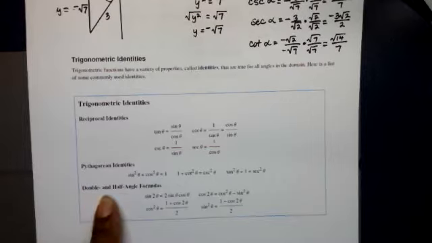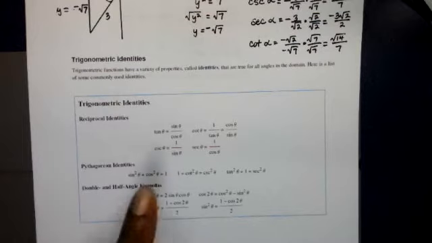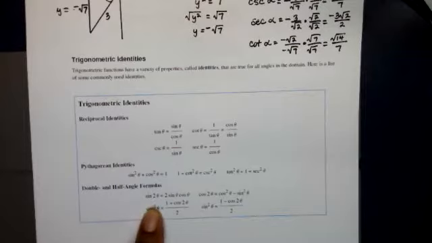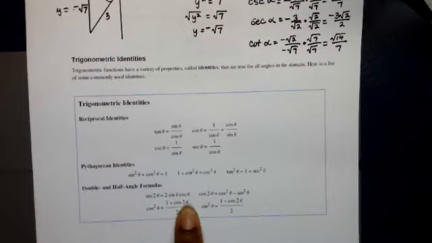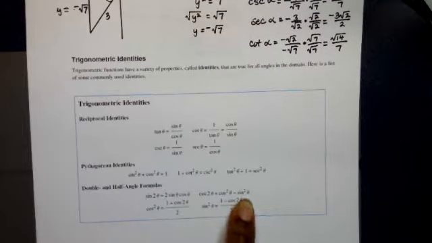Okay, and now you have your double and half angle formulas. I'm just going to introduce those to you because you'll see these when we go into other chapters in this course. Sine of 2 theta will be 2 sine theta times the cosine of theta. Also, cosine 2 theta would be cosine squared theta minus sine squared theta.